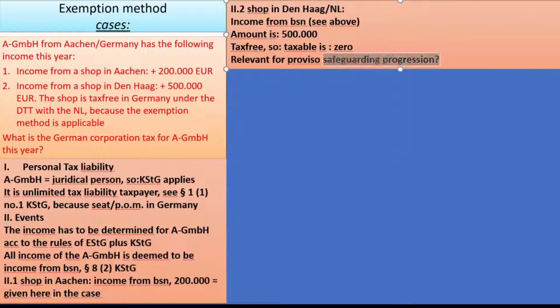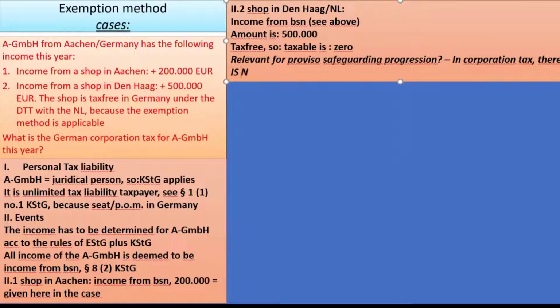And I print that in italics because the reason for that you will directly see in corporation tax in Germany. There is no progression, so tax-free amounts cannot be relevant for progression.